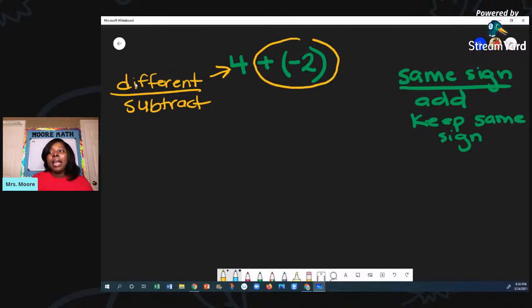Take a look at what we're adding. We are adding a negative number, so it's going to be pulled to the left in a negative direction. Instead of going 4 and then to the right to 5 and 6, because we're adding a negative number, what's the answer going to be?